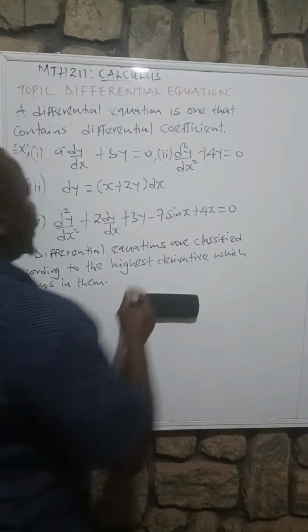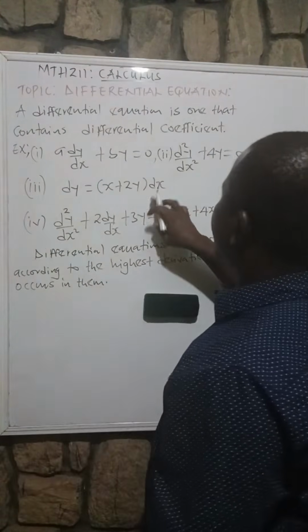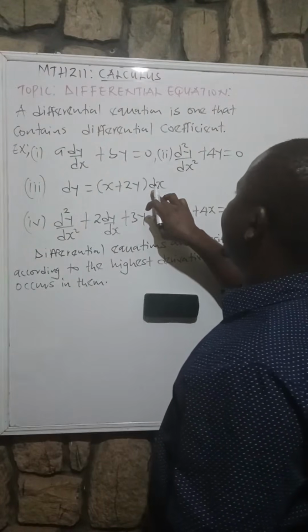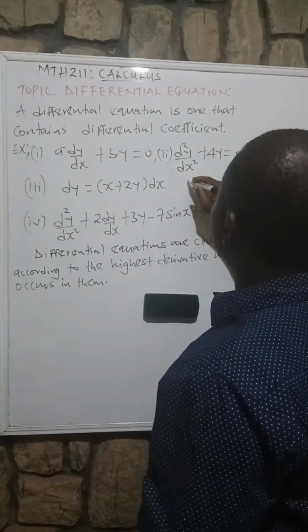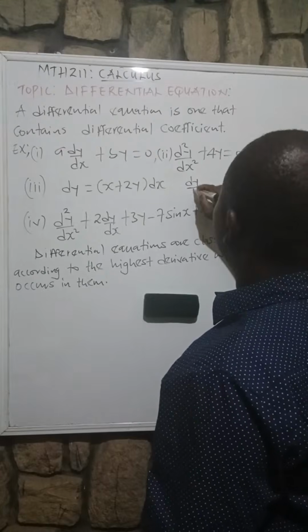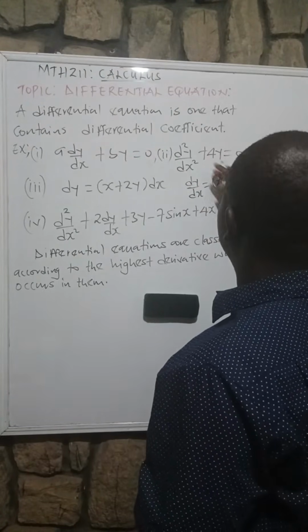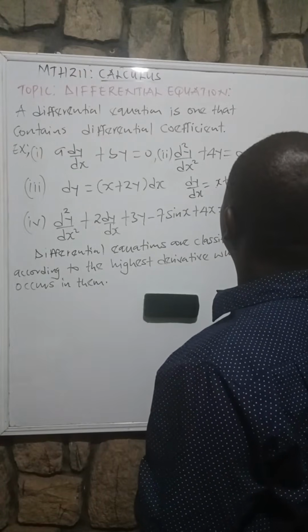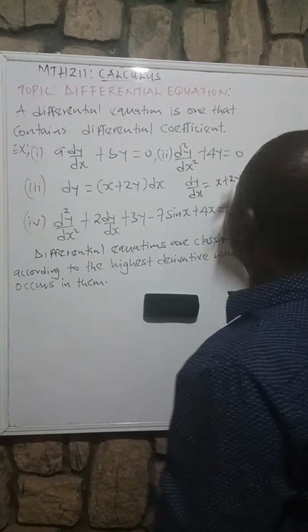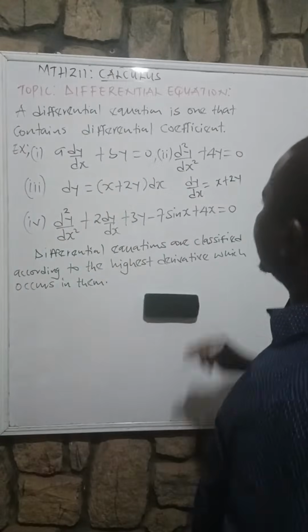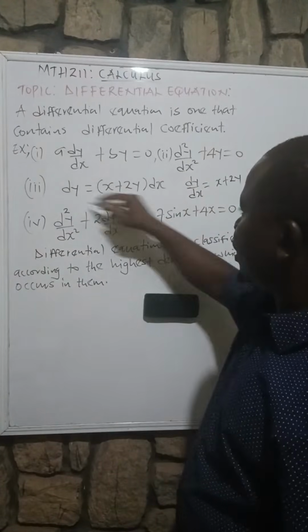Like this one, by the time we divide through by dx, dy all over dx is equals to (x plus 2y). Can you see now? So it is also a differential equation.